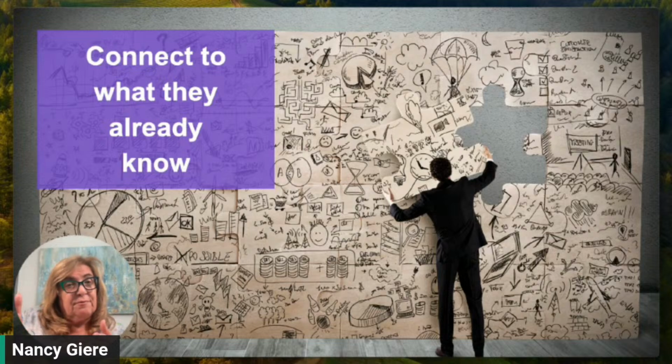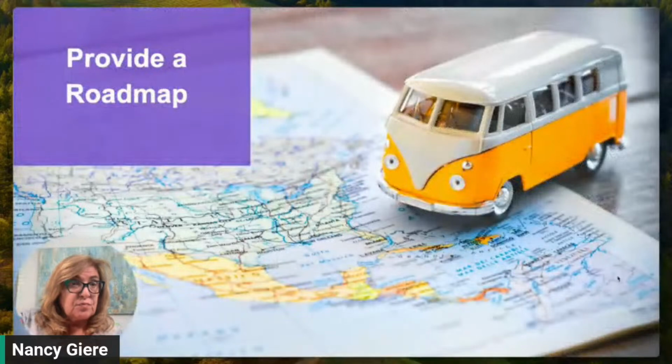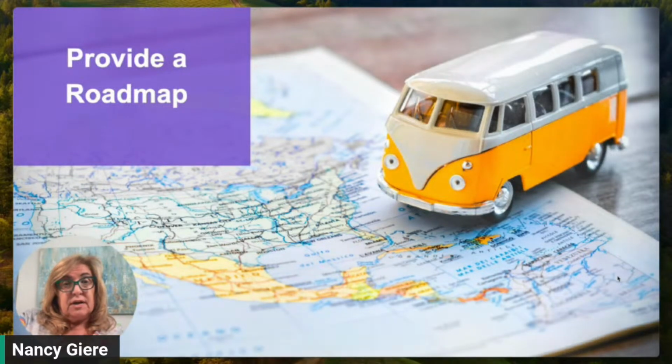You can make references to general bookkeeping principles and how things are done, and then connect it to where you're going to go. And that creates an anchor where someone's going to be able to remember all of the information. Then you want to provide some type of a roadmap or an agenda so people know, well, what's the journey that you're going to be taking them on.